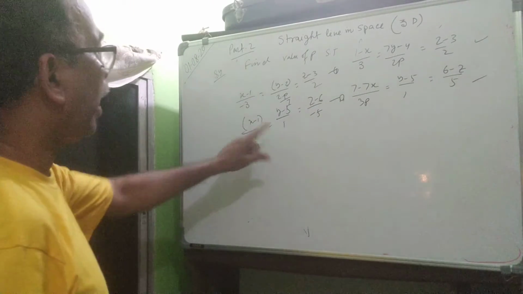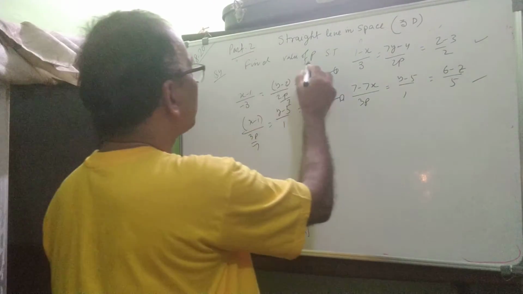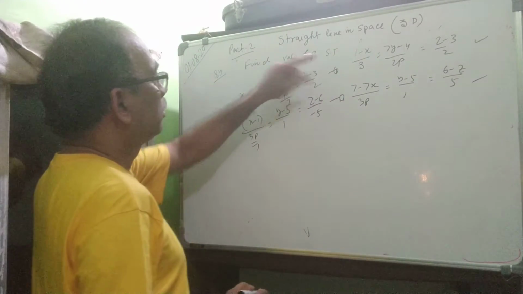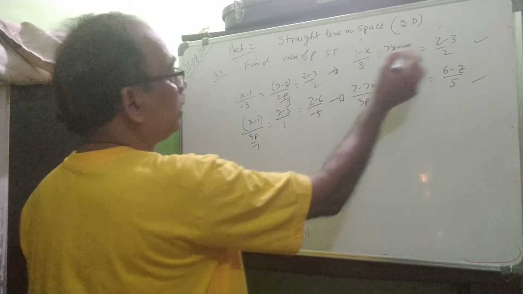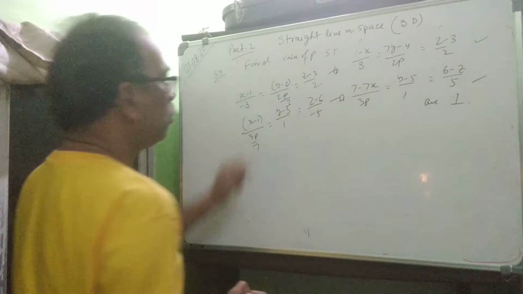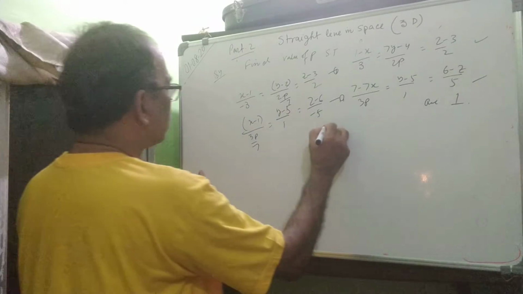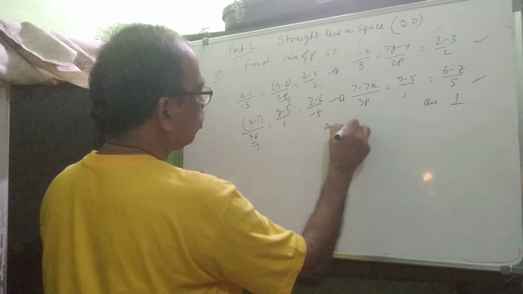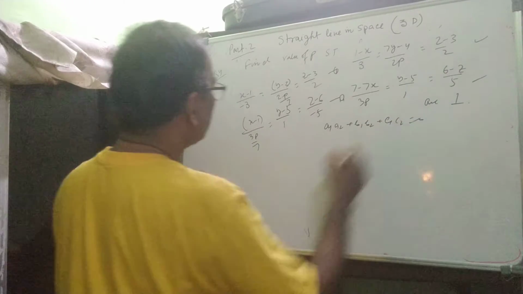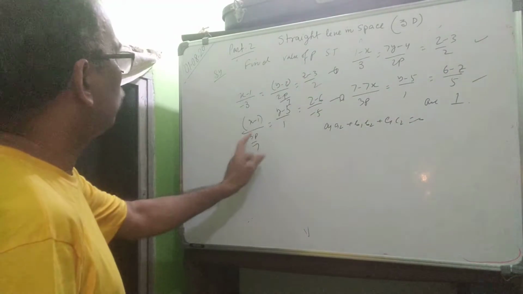Now these two lines are perpendicular. Find the value of p such that they are perpendicular. The condition of perpendicularity is a1 a2 plus b1 b2 plus c1 c2 equals 0.